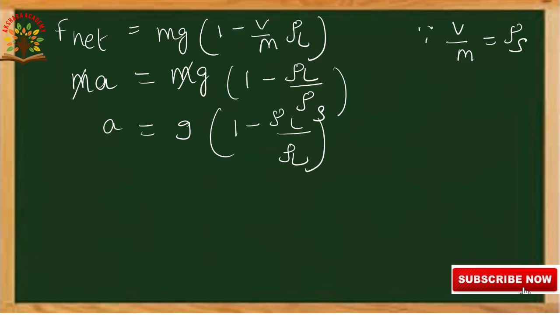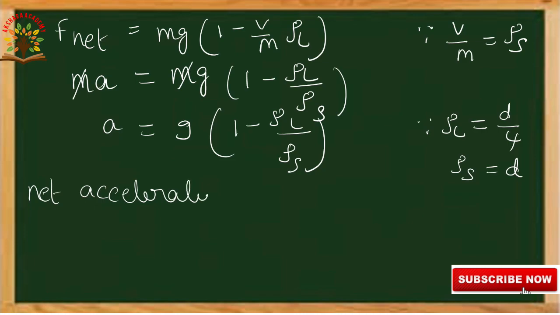Now we are substituting the values. The density of the liquid is given as d by 4, and rho s is given as d. So the net acceleration a is equal to g of 1 minus d by 4 by d.